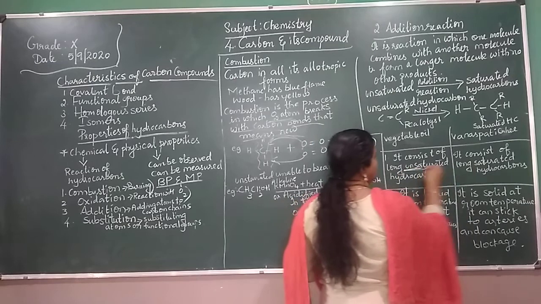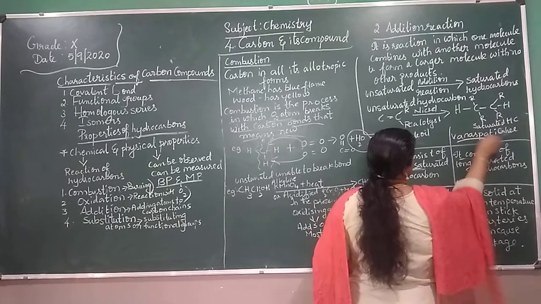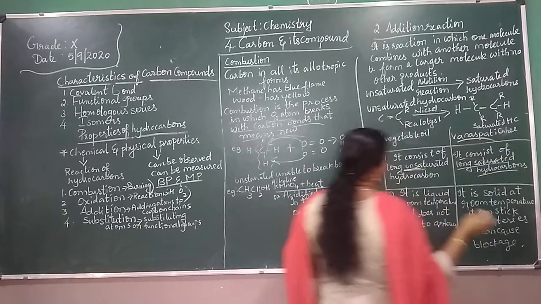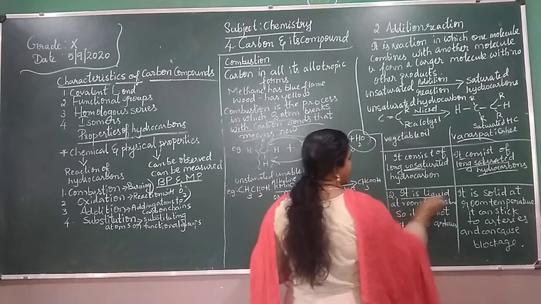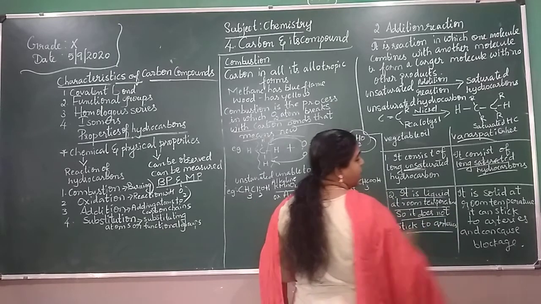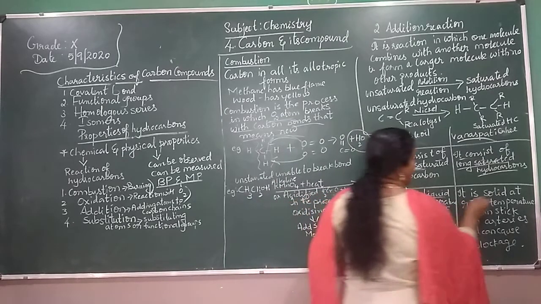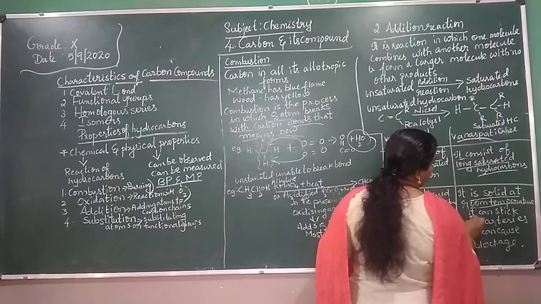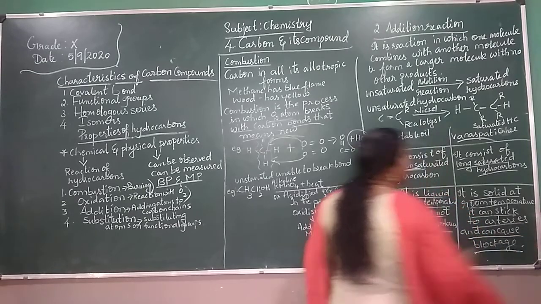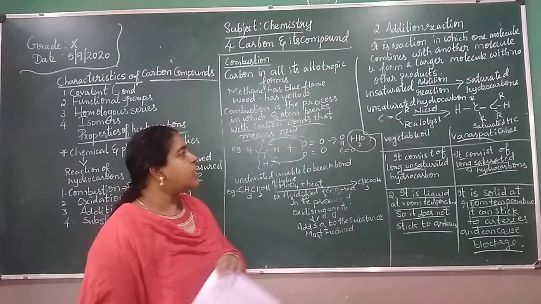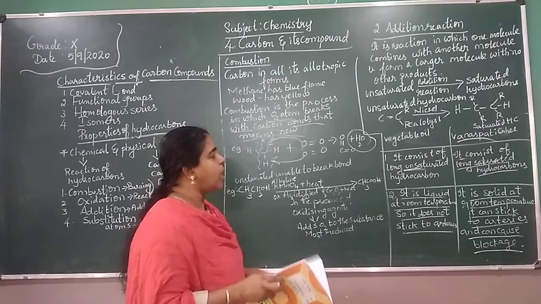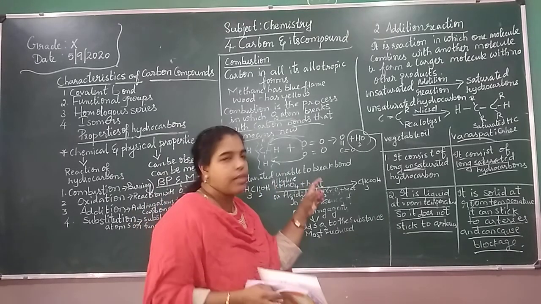Vegetable oil is a liquid at room temperature, so it does not stick to the arteries. Vanaspati ghee is a solid at room temperature, so it can stick to arteries and cause blockage. So vegetable oil is given as the example of unsaturated hydrocarbons, with the formula I have given there.